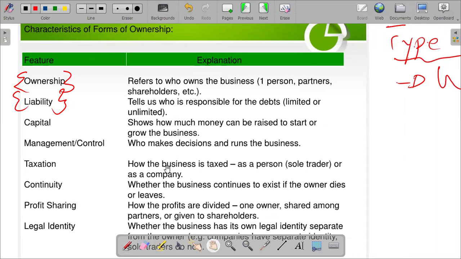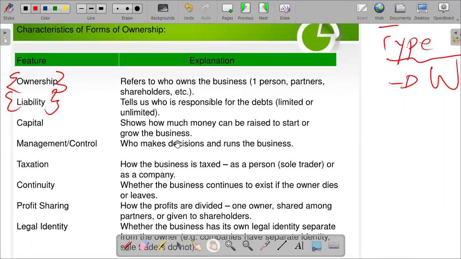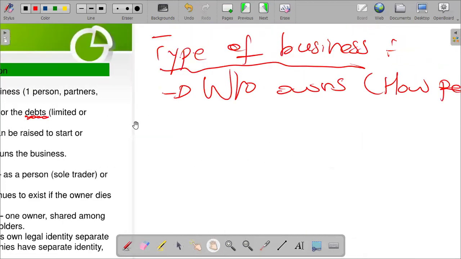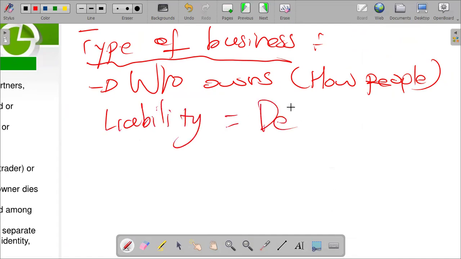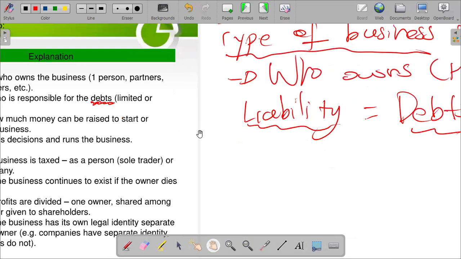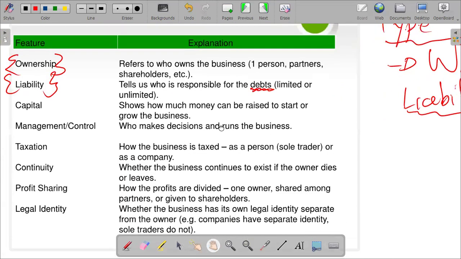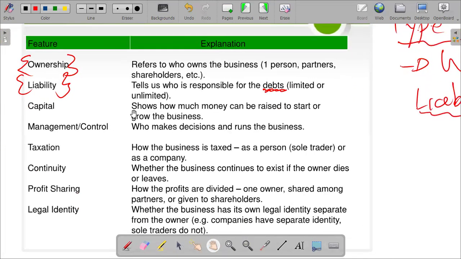Now, when we get to here, you need to understand these two definitions. It tells us who is responsible for the debt. So liability simply means the debt of the business. Who is responsible for the debts of the business? But here, as you can look here, we have two types of debts within the form of ownership.